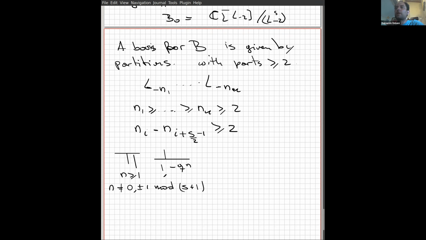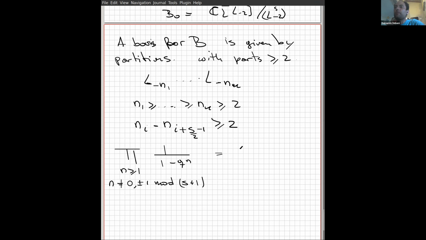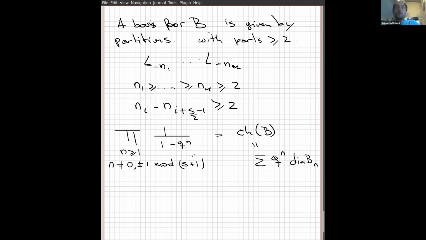All right, so that's the character of V. This is the graded dimension of V. And that's their theorem. And you know what is the character of the Virasoro algebra. Remember, this S is (p minus 1) times (p prime minus 1).